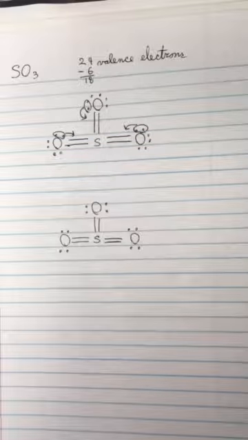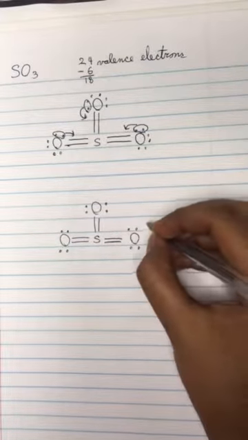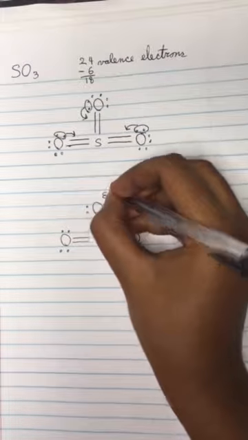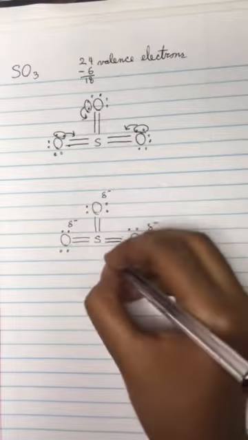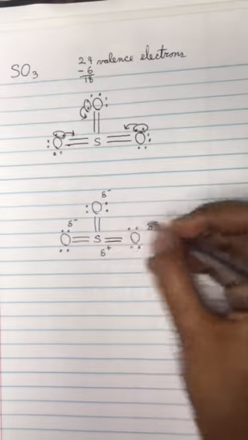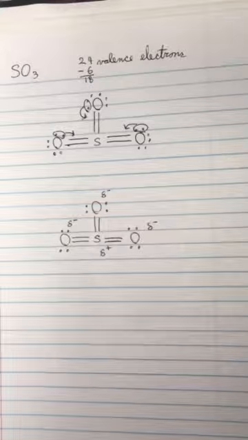Now we must find the partial charges for this molecule. Since oxygen has a higher electronegativity than sulfur, the oxygen atoms will have a negative partial charge, while the sulfur atom will have a positive partial charge.